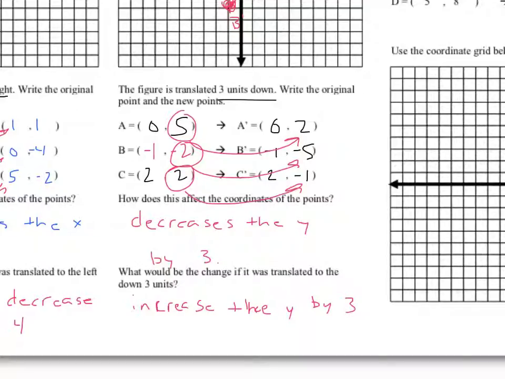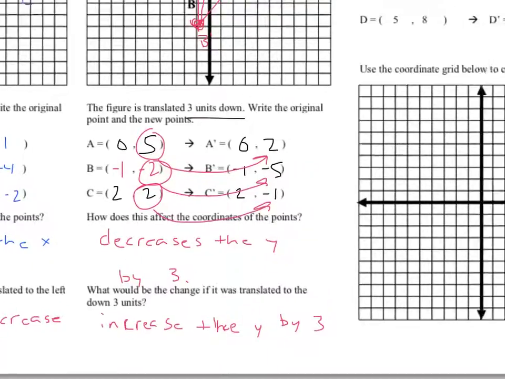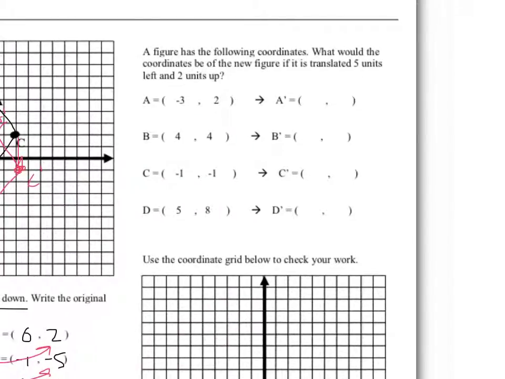To summarize, increases in movements up and down change only the y, because we're only changing how far it is in the y direction, whereas movements left and right tend to change the x.